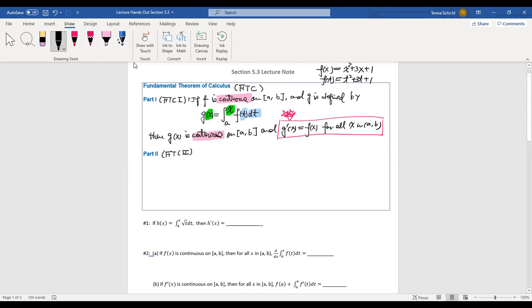So let's write it out, and then we're going to highlight a few important things. We say if f is a continuous function on [a, b], and we define the new function capital F of x as an antiderivative.